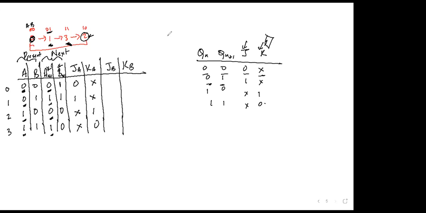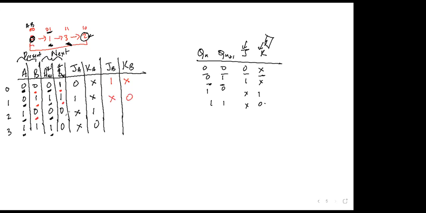And what about B now? 0 to 1 is 1, don't care. 1 to 1 is don't care, 0.